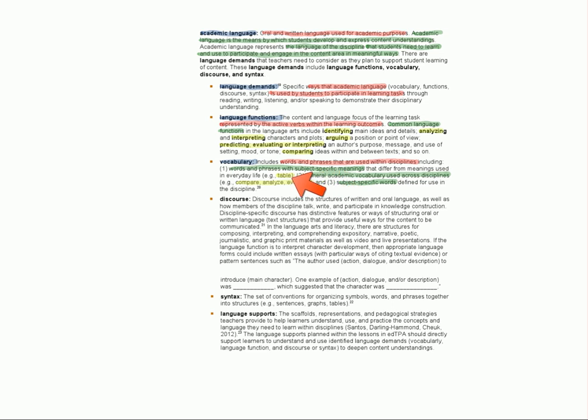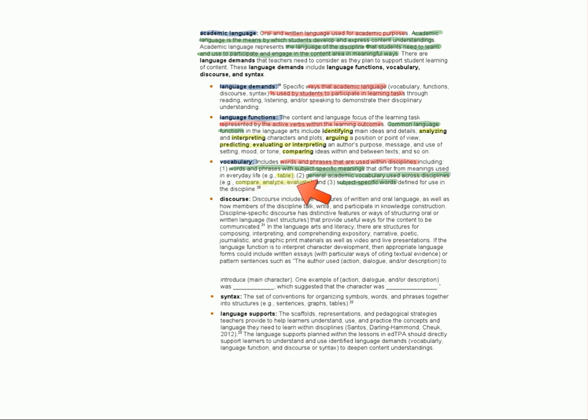So the example they give us is the word table. Table in an everyday setting is something we set our meals on. Table in the context of science or math is something very different. So that's one way to think about vocabulary. There's everyday vocabulary that has subject-specific meanings. The second consideration we have is that some academic vocabulary can be used across disciplines.